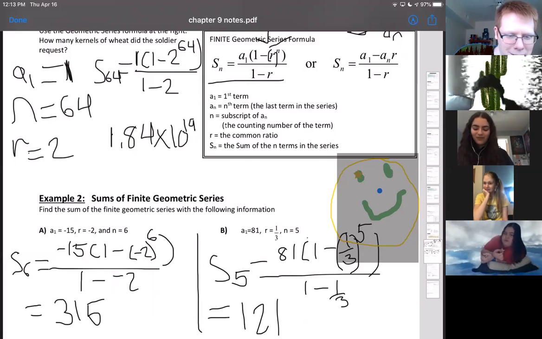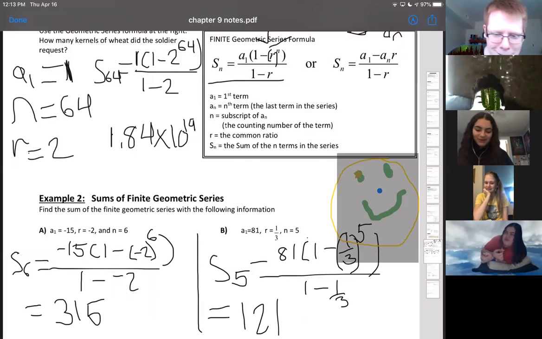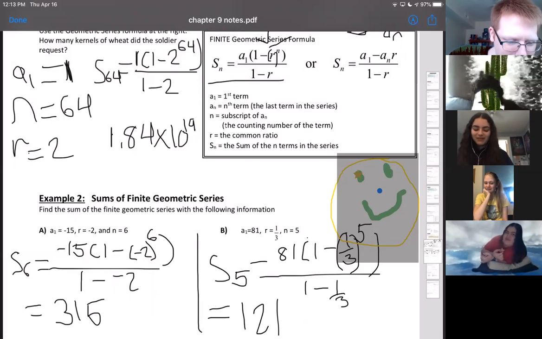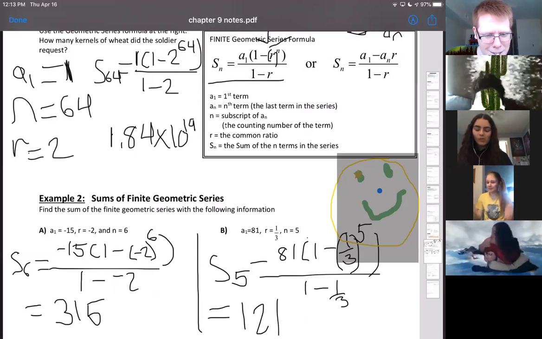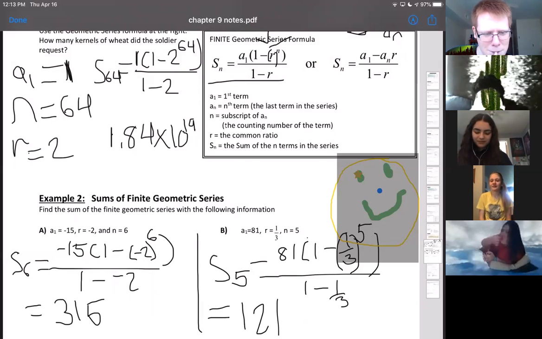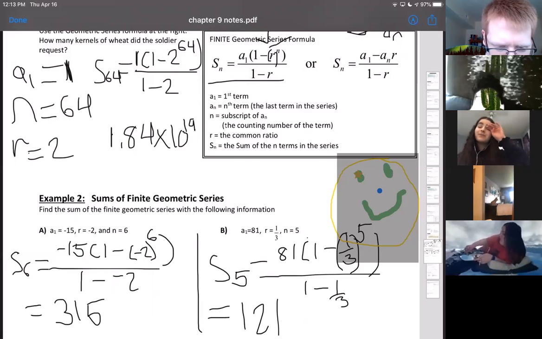Wait a minute. What if it was 16? How would you get 16? They got negative 121 in this answer key. They're wrong though. Aren't they? How'd they get that? They had to have screwed up. I got it now. Did you get 121? 121?